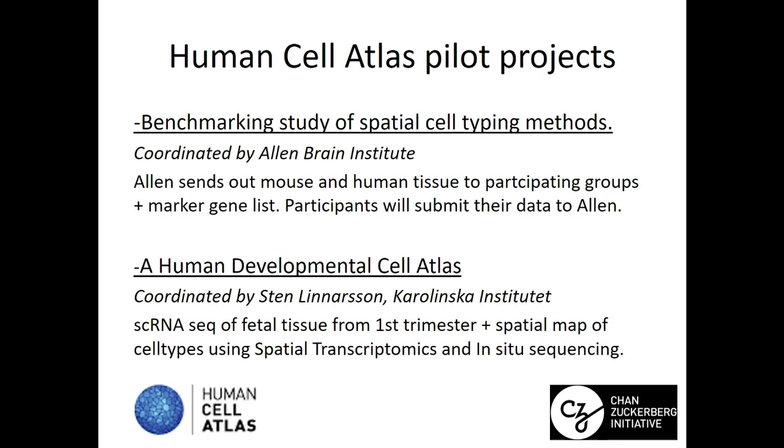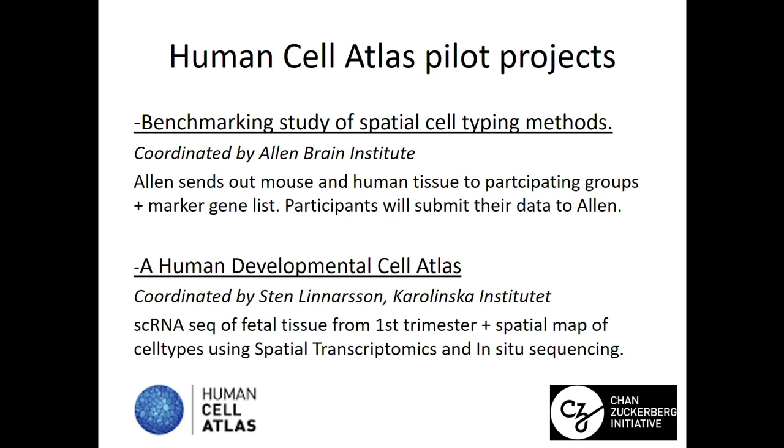We're going to test these methods on mouse brain tissues and human brain tissues that they distribute to all participants. Then we generate data and send it back to Allen, and they will interpret and draw some conclusions. The general idea is to see whether those technologies are mature enough, and whether we would see some convergence, hopefully, between the methods. If they all give us different spatial maps, maybe they're not really mature yet. We will see.